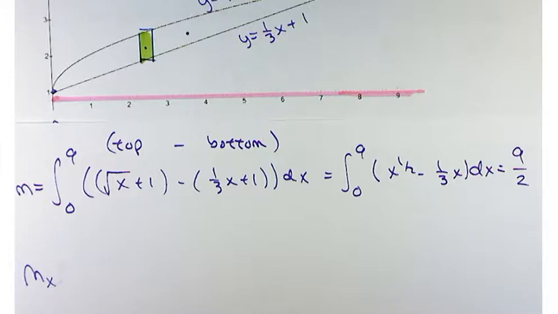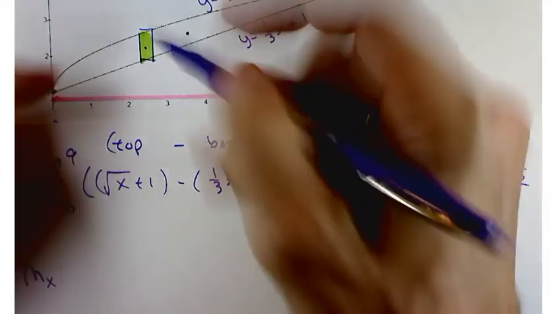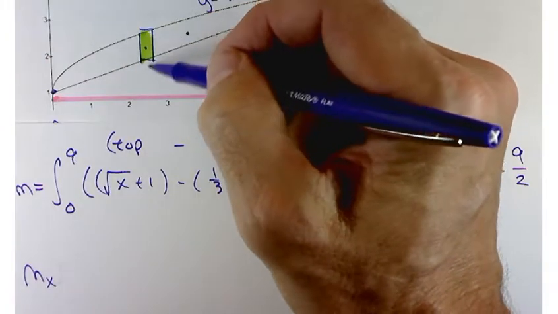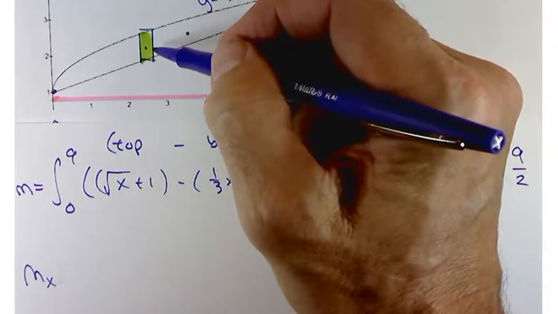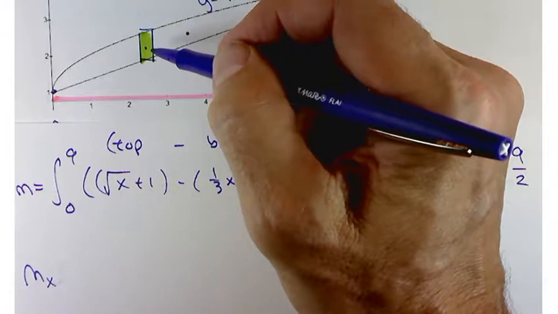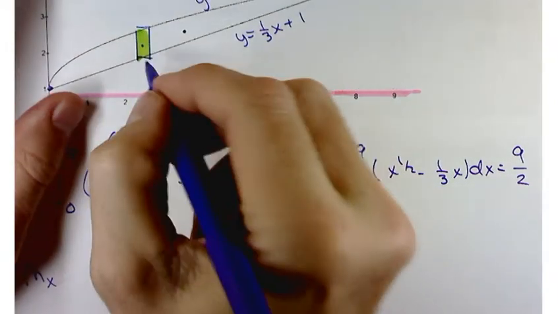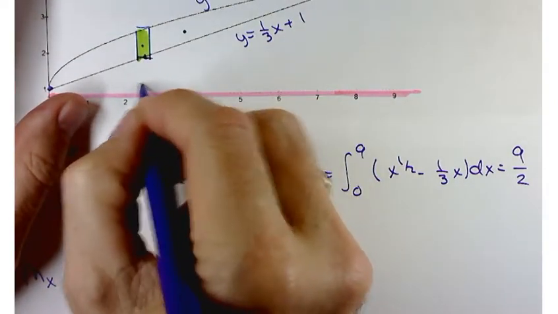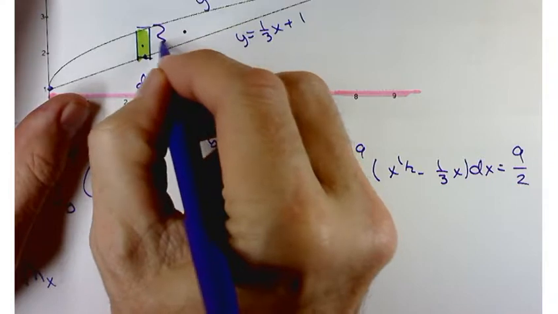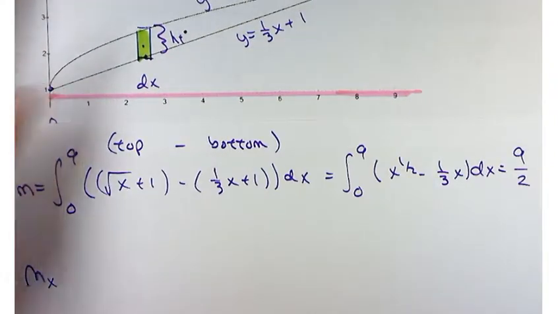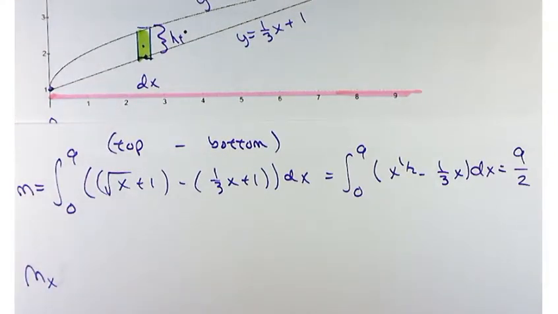So let's try and understand the force that this tries to rotate around the axis with. It's going to be a product of two things. One of those things is the area of this little piece. Now the area of that piece is going to be the thickness times the height. So what's the height of that little figure?